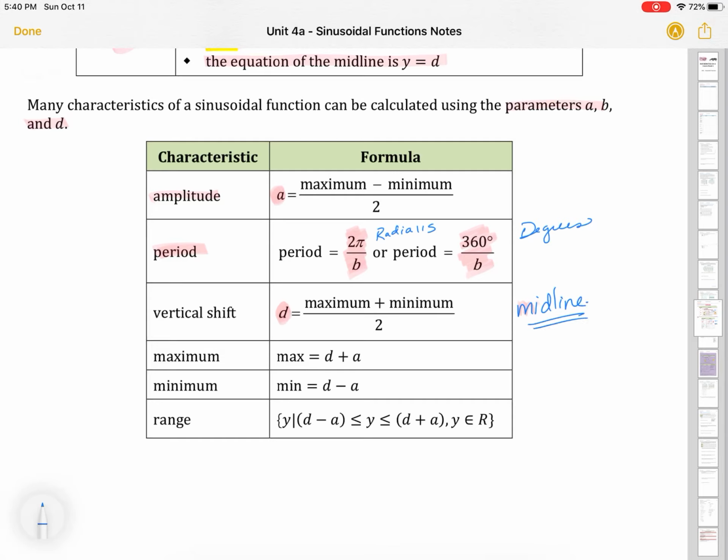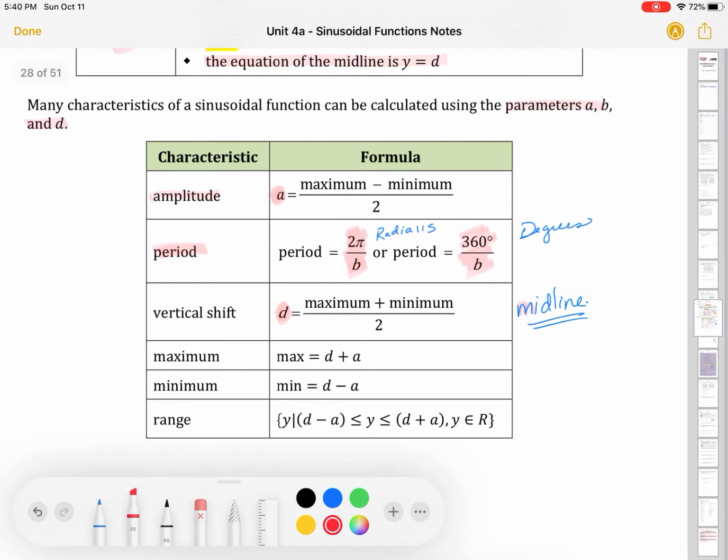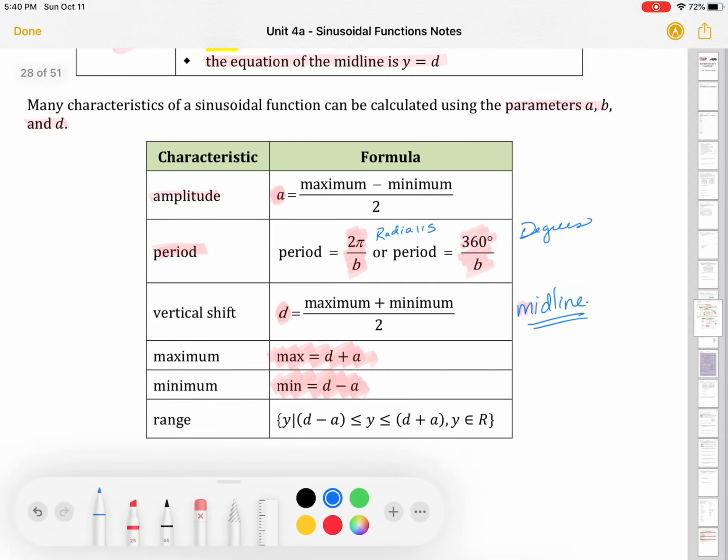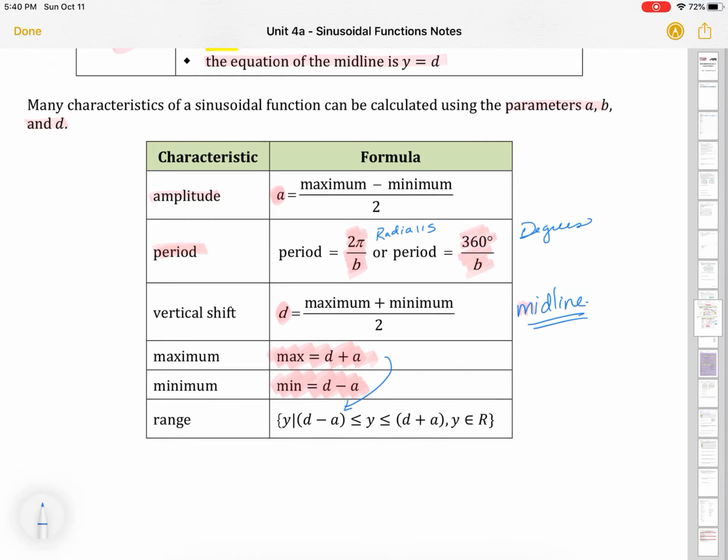So you don't even have to do that calculation if you have D as part of your formula. The maximum is going to be D plus A. The minimum will be D minus A. And the range, well, y will be greater than or equal to the minimum, so D minus A, and it'll be less than or equal to the maximum. So let's see where that's come from.